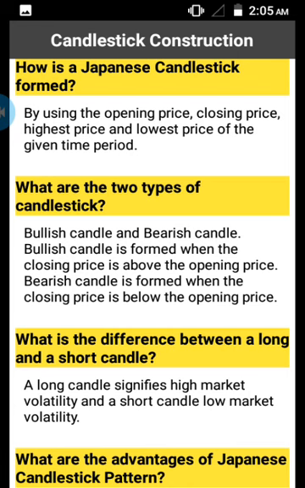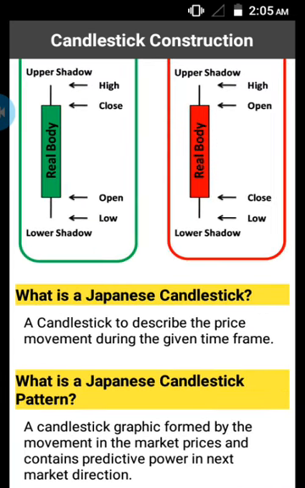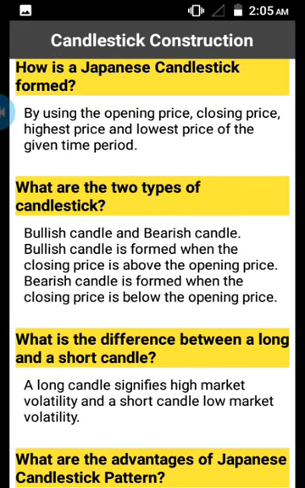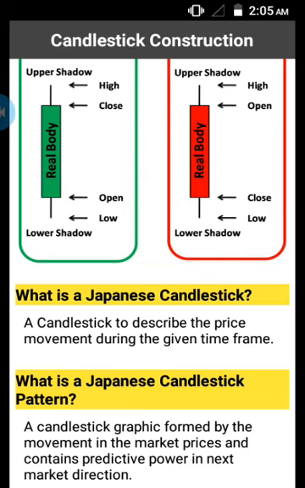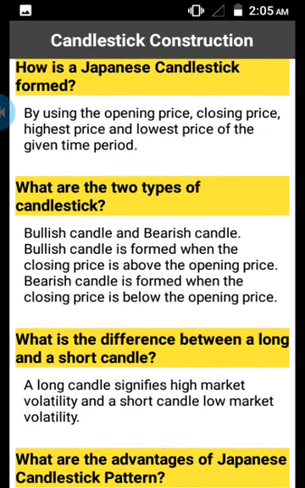And also the closing price. You see where the bullish candlestick has closed, and you see where the bearish one has closed. And the highest price and the lowest price of the given time frame. Now, both of these candlesticks, the bearish and the bullish, do have the highest price and the lowest price attached to them. Now, this is a candlestick formation.